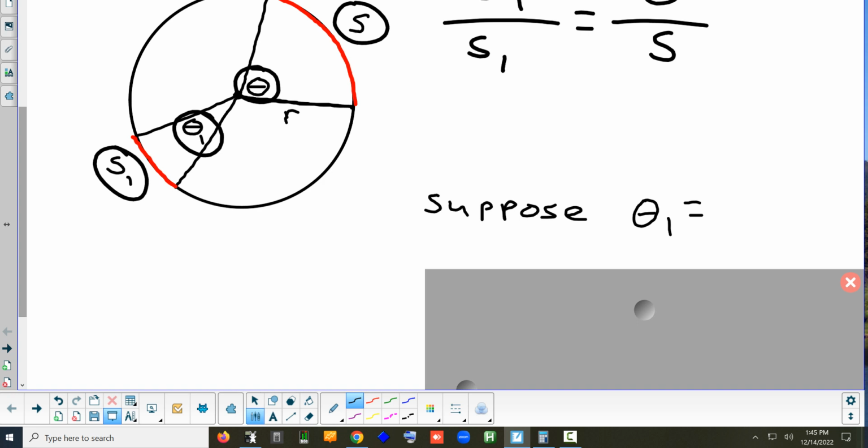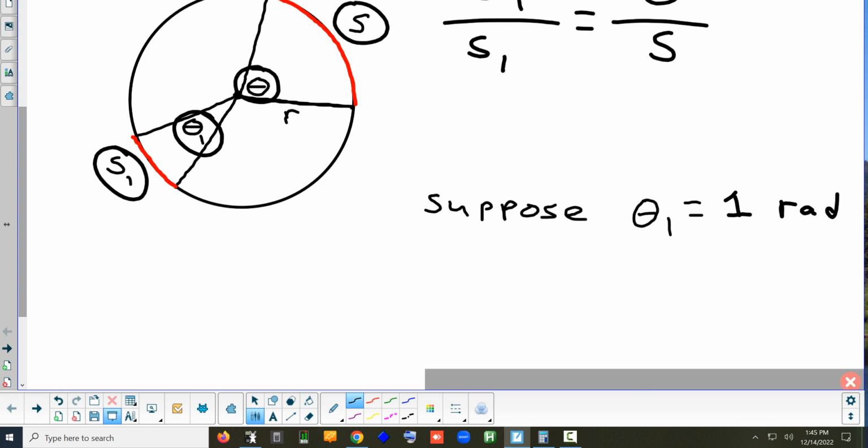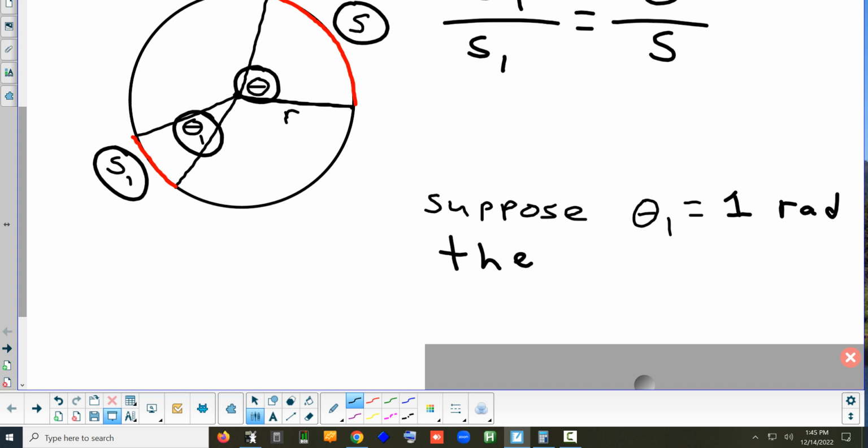And I'm going to give you a hint. Let's suppose that theta 1 was 1 radian. Then that would automatically mean something about that arc.